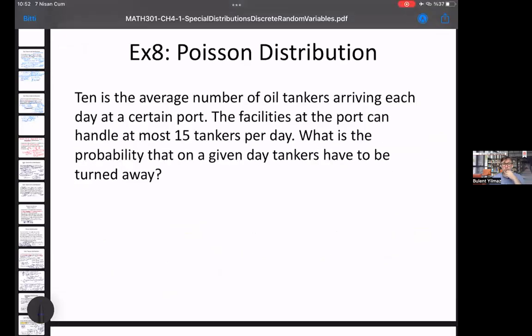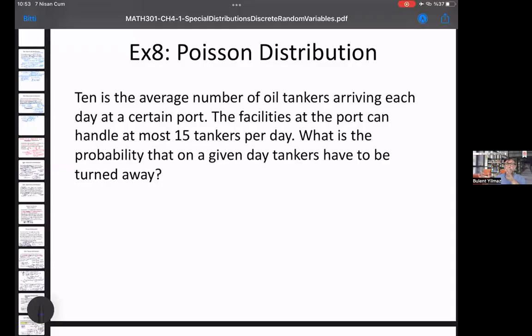Now it's your time to solve it. In total 15 tankers can be handled in one day, but on average 10 tankers are coming to the port.